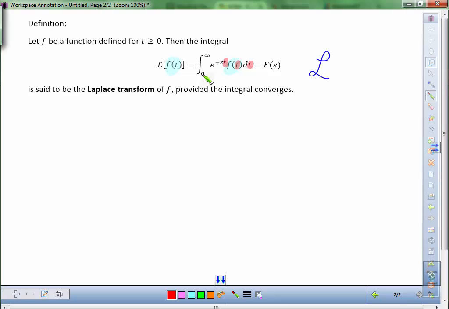Now, when you integrate over limits that are not variables, then you should have a constant. You will have a constant except for this s variable in here. So this will eventually become a function of s with a variable s.